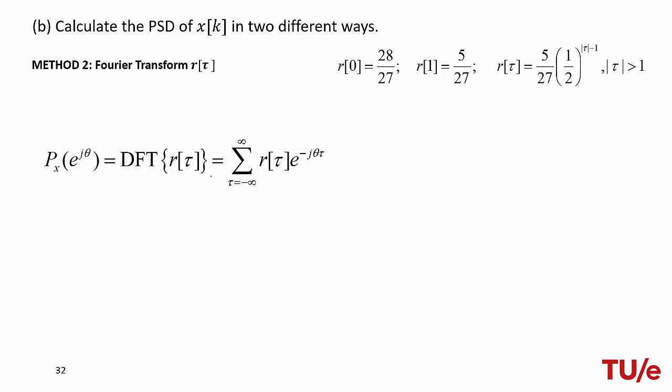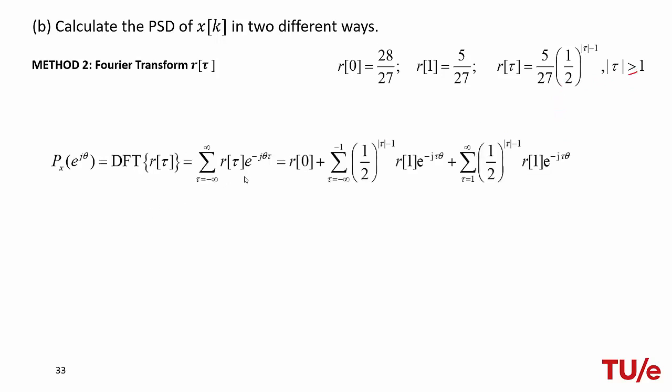And before we do this, we can also observe, here we define the autocorrelation function for each lag, but we can see that when we apply this formula for lag equal to 1, we obtain exactly 5/27. So this formula is also valid for tau equal or larger than 1.